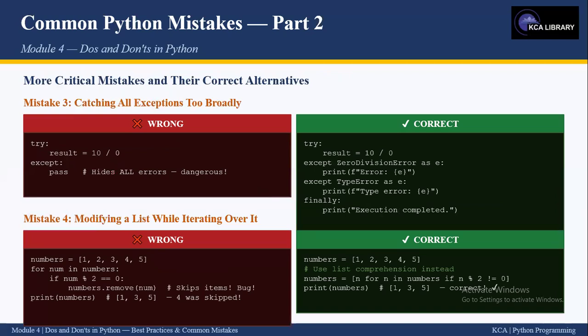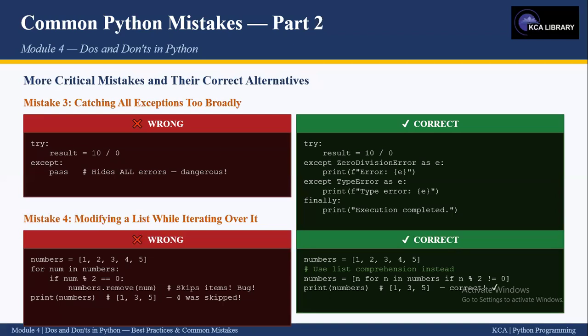Common Python mistakes, part 2. More critical mistakes and their correct alternatives. Catching all exceptions too broadly. So try: result = 10 / 10 is wrong. The correct one is try: result = 10 / 0, except ZeroDivisionError as e: print the error.